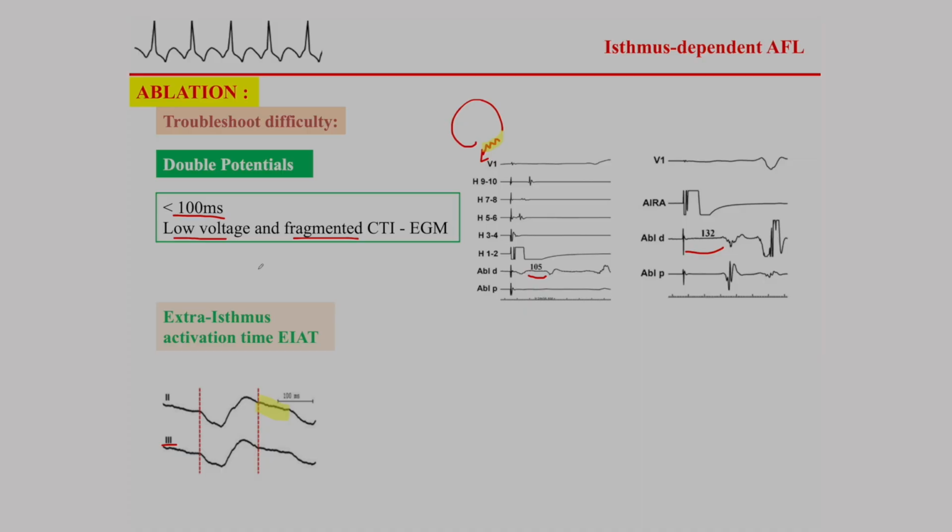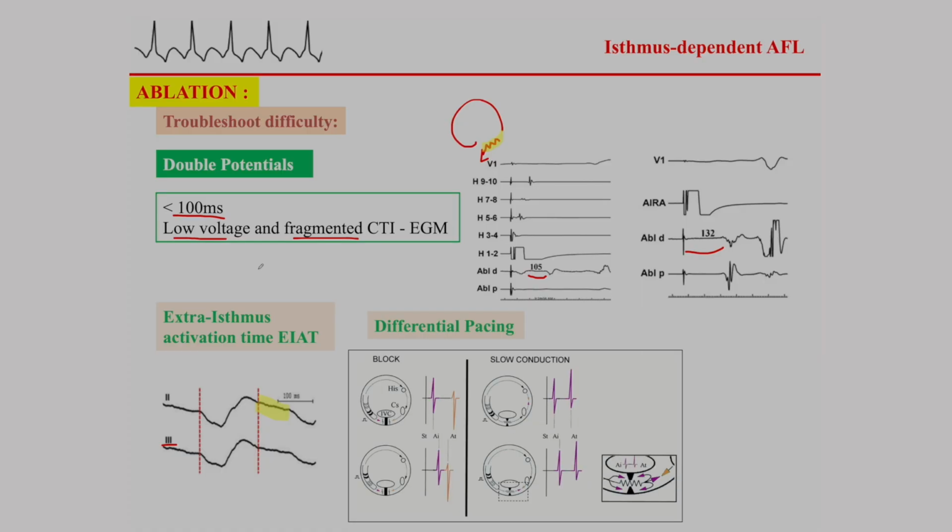The second proposed technique is the differential diagnosis, also proposed to distinguish between complete block and slow conduction through the CTI. As we see here, we are pacing from the distal part of the halo, and the first potential of the double potential here is ipsilateral. The ipsilateral potential reflects the activation from the distal tip of the halo catheter.